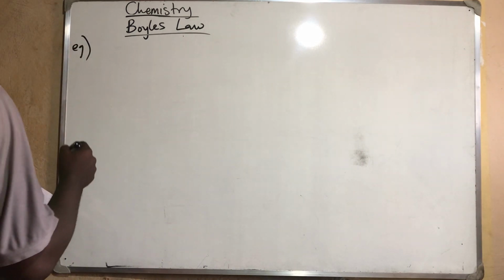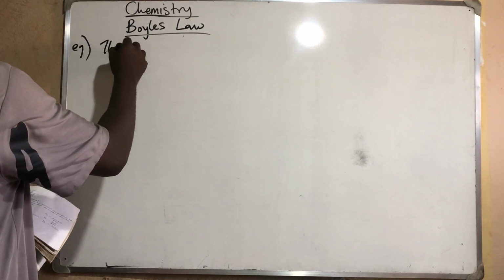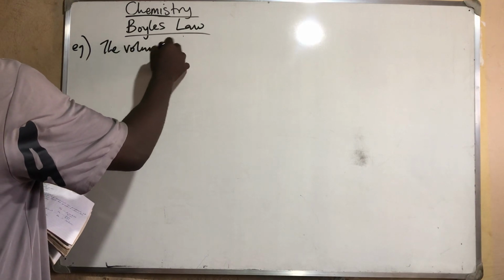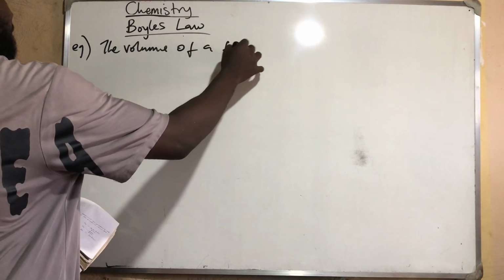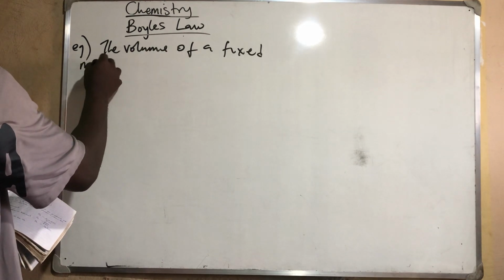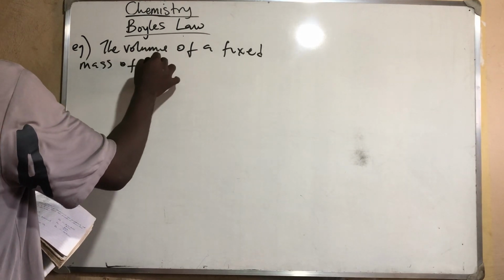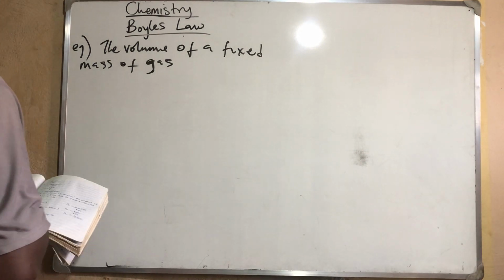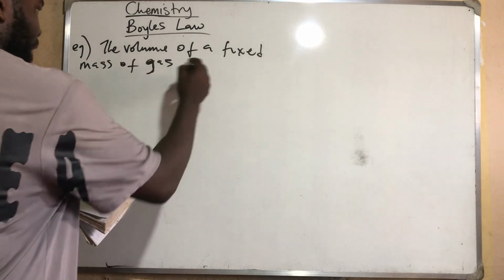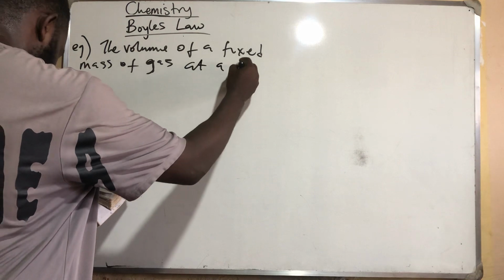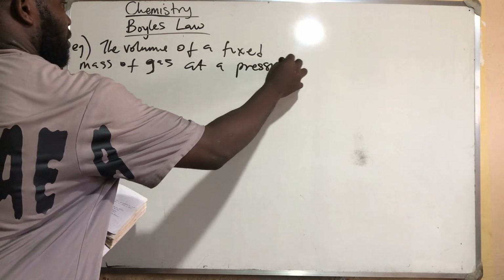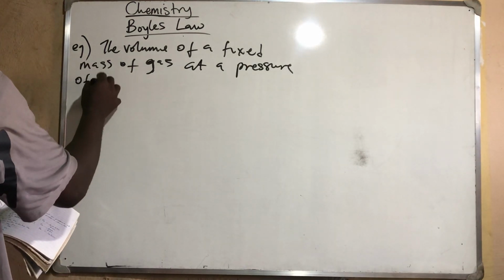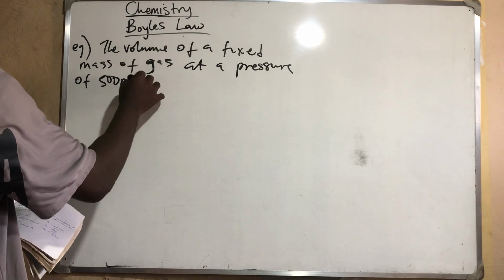Example, the first question says the volume of a fixed mass of gas at a pressure of 500 millimeter mercury.